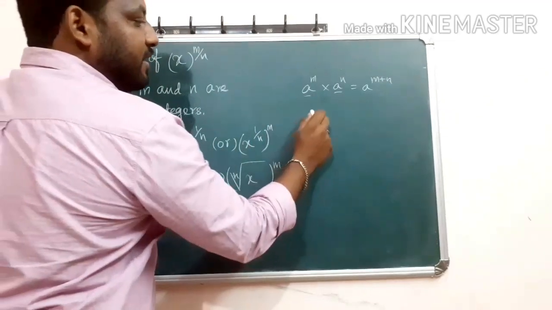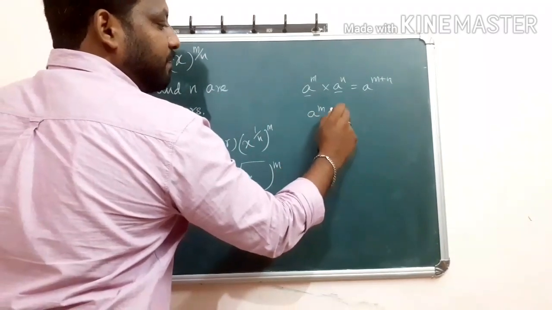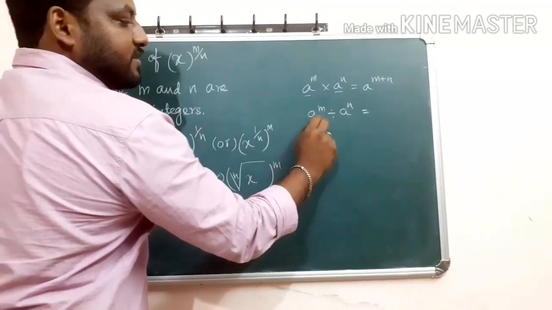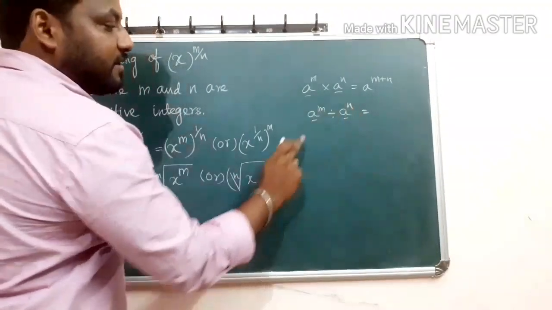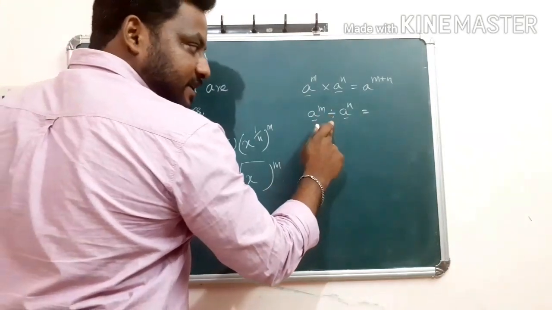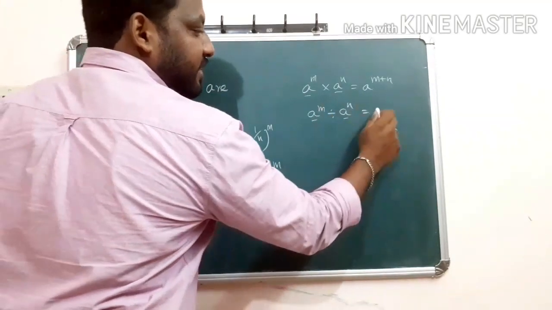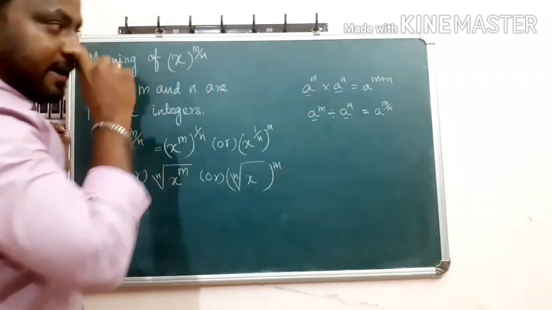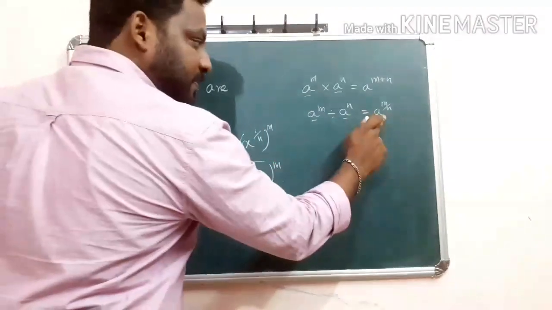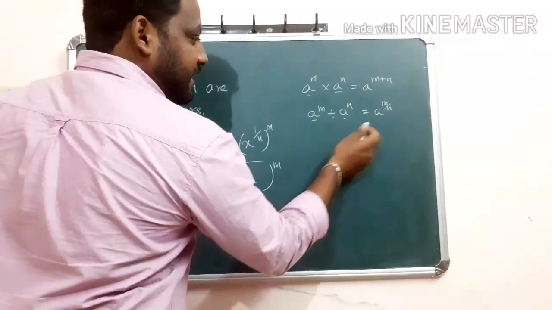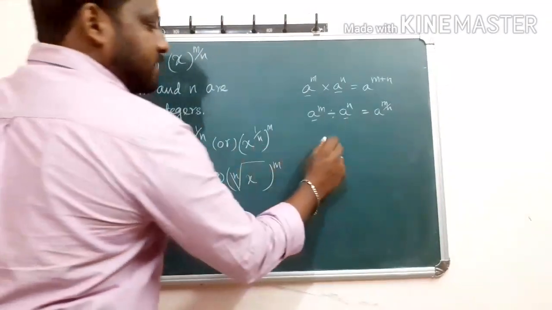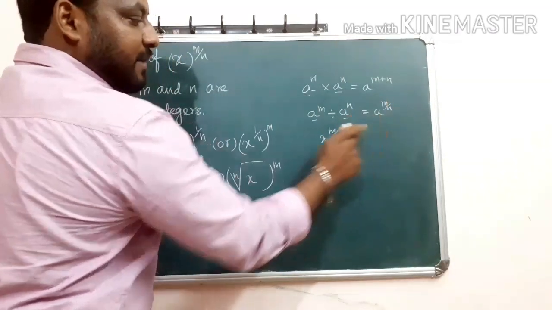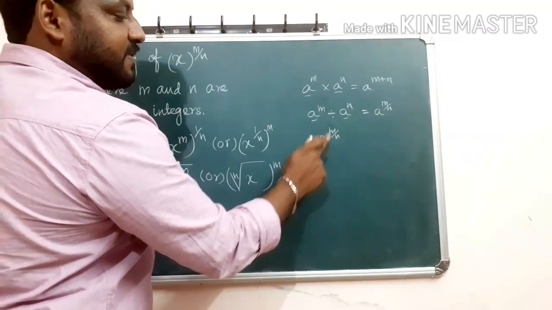In the same way, a power m divided by a power n, bases are same but the powers are different, in division form, we have to write a power m minus n. This a power m by n we can write the same here, x power m by n.